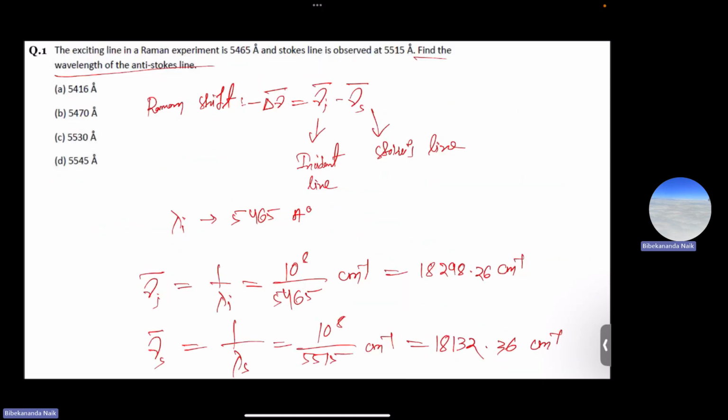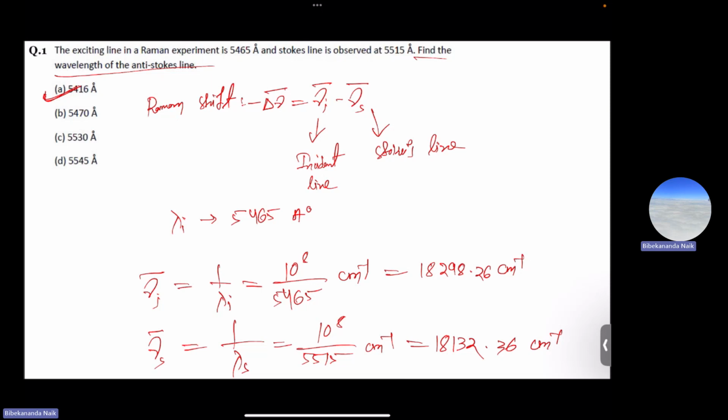Now if you see the options, option A is the correct option. Now how did we solve this problem? In the question it was given that the exciting line in a Raman experiment was 5465 angstrom, and the Stokes line is observed at 5515 angstrom.